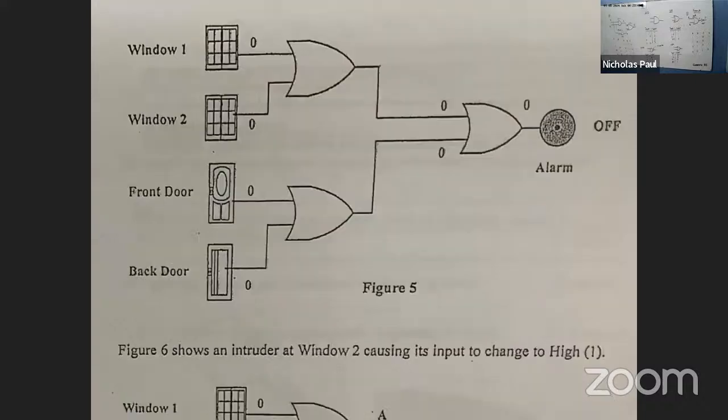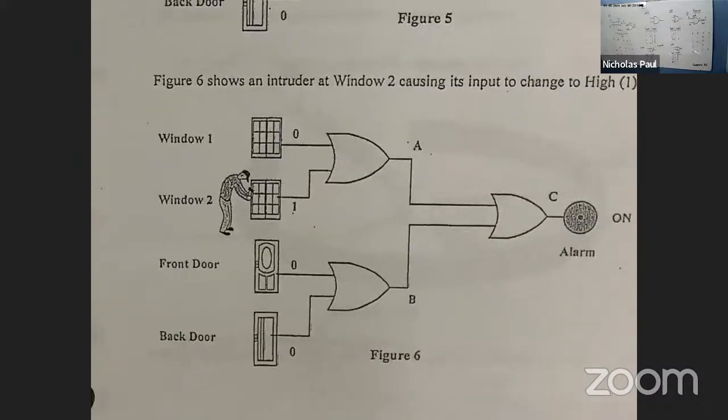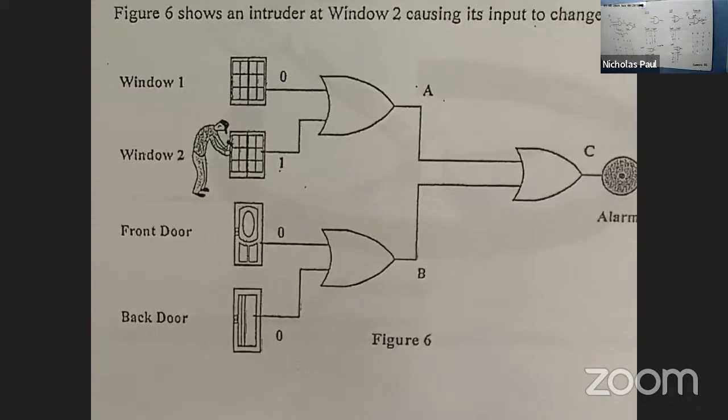Now let's look at the intruder. The intruder tries to enter. Let's see if we can figure out what will happen. You don't have to draw it. Just write down what A is, what B is, and what C is. Look at the input and look at the gate. A will be equal to 1 because it's an OR gate, right?